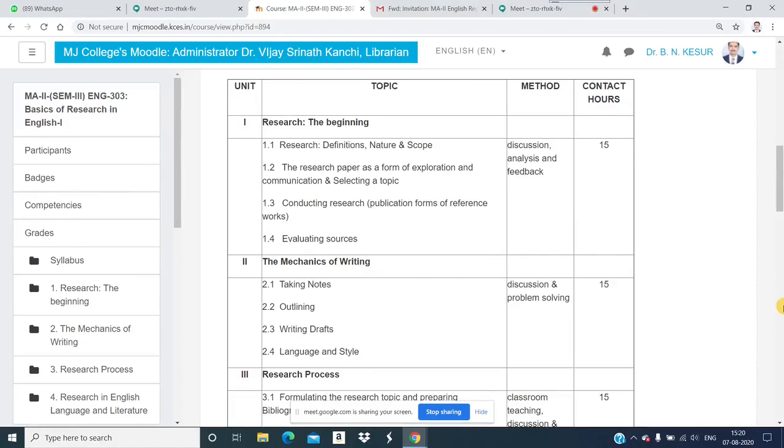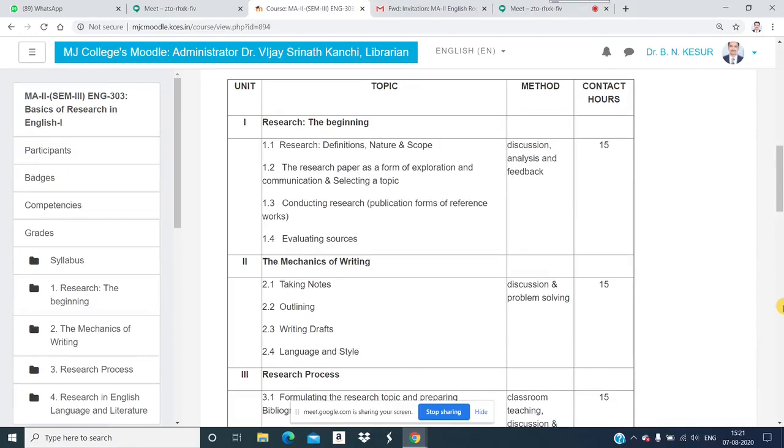The syllabus is designed unit-wise, and you can see the structure of that syllabus. The semester is divided into 4 units. You can see the unit number, then topic, then method, and then contact hours. The first unit is about research.